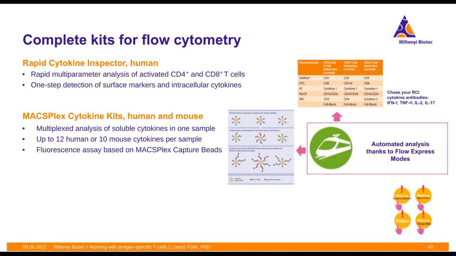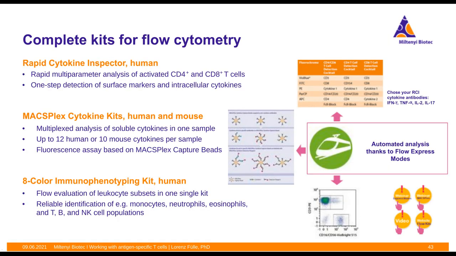Then we also have the so-called MACSPlex cytokine kits for both human and mouse samples. Here, using a multiplex analysis, the kits can measure the concentrations of up to 12 or 10 different cytokines in cell culture supernatants. And the technology is based on our MACSPlex capture beads, which will work on any standard flow cytometer.